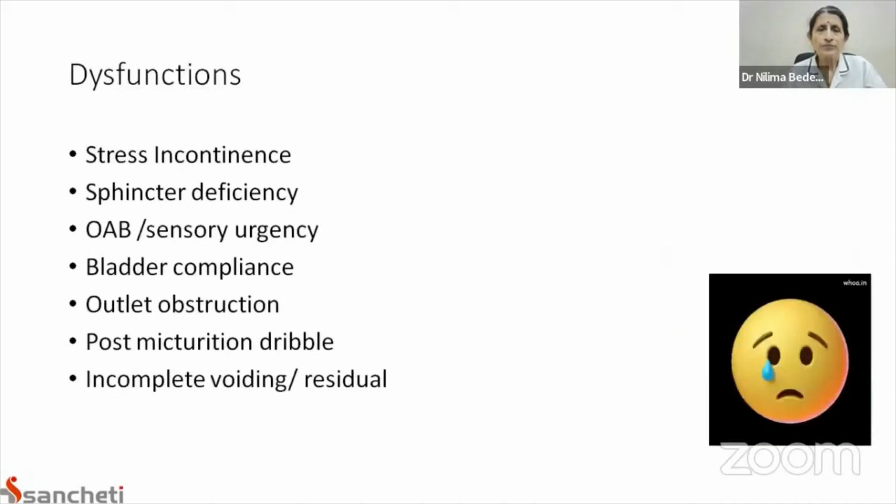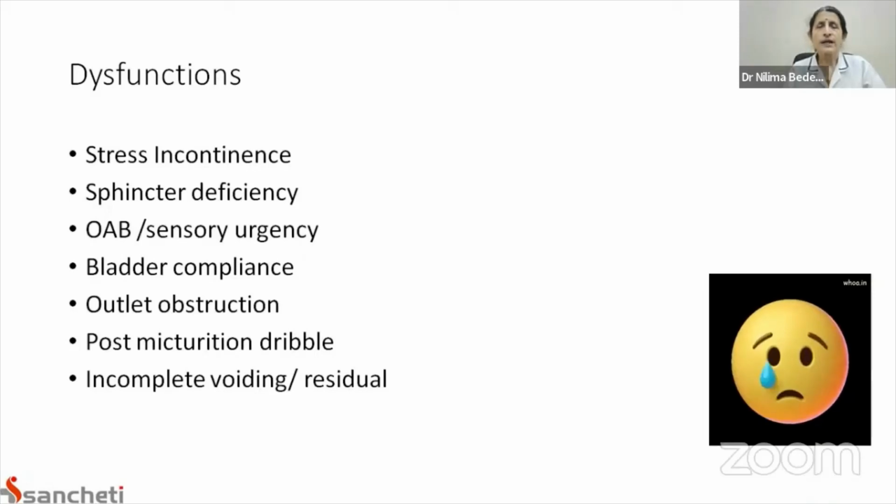As we know, there are dysfunctions, especially stress urinary incontinence. There is a sphincter deficiency. There is overactivity of the bladder, the motor and sensory urgency. There could be a problem with the bladder compliance, the outlet obstruction, and the post-micturition dribble and incomplete voiding.